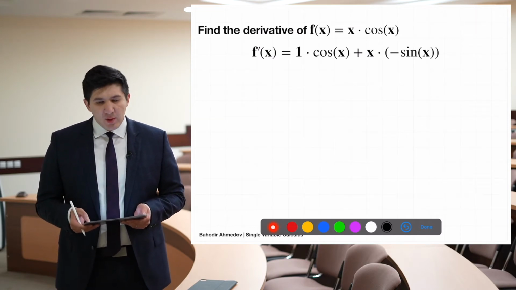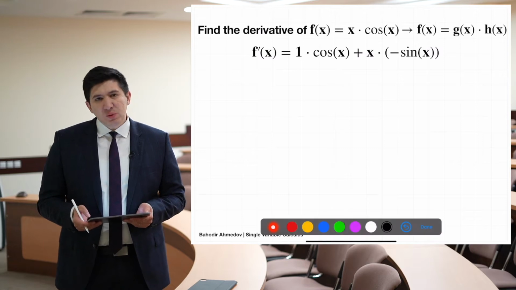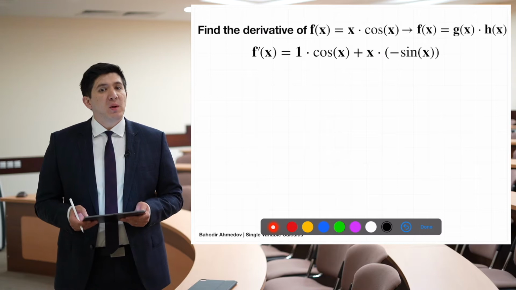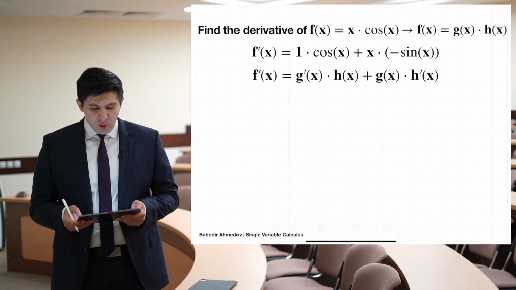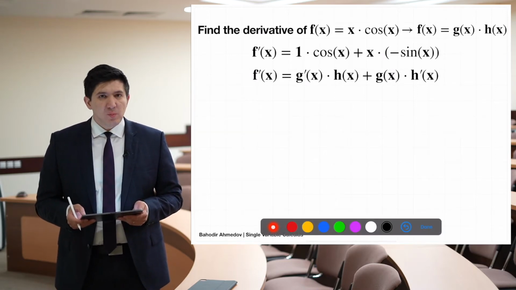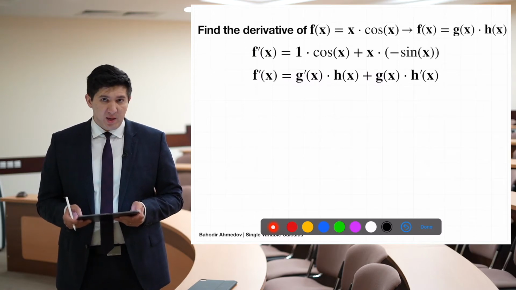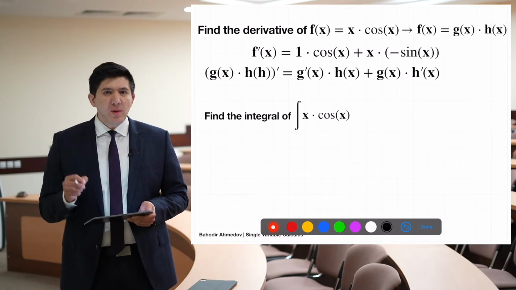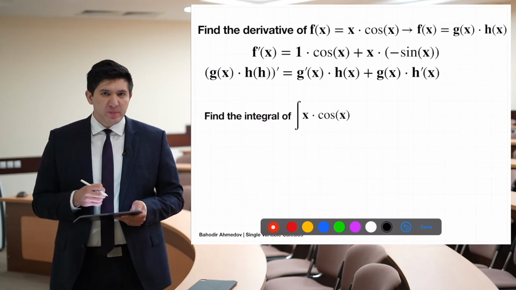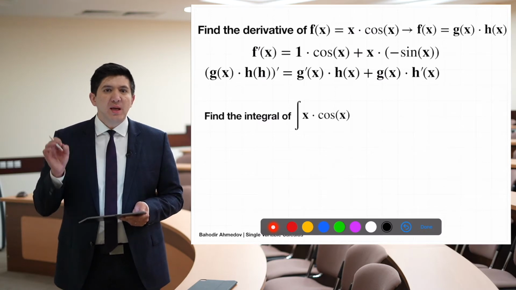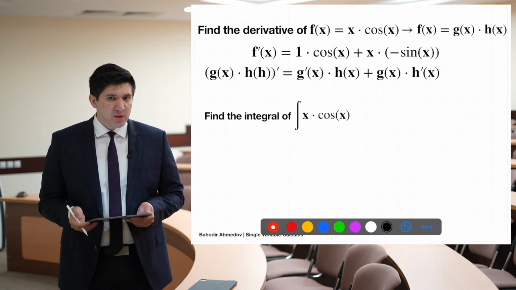So in general, if your function is written as the multiplication of two functions, then to find its derivative you are going to use this formula: g prime of x times h of x plus g of x times h prime of x. So now we know how to take the derivative of the multiplication of two functions. Is it possible to find the integration of the multiplication of two functions?